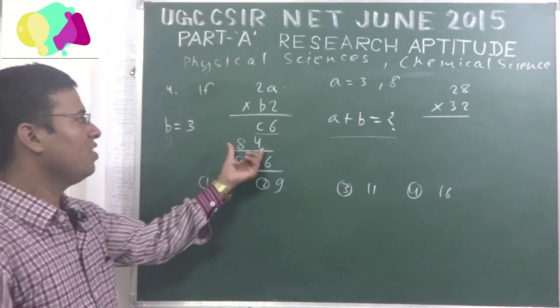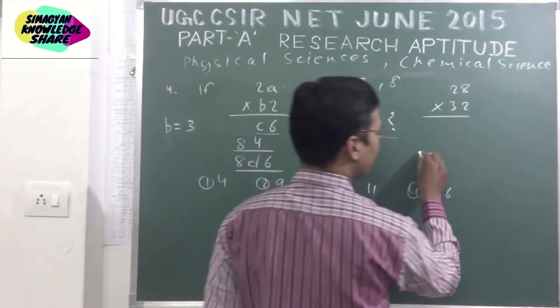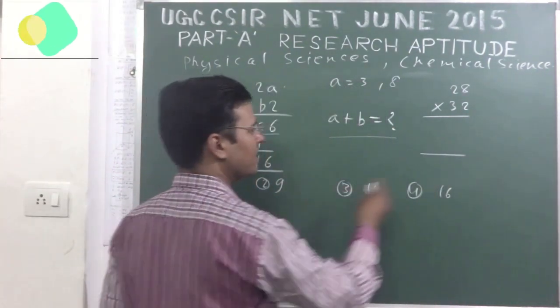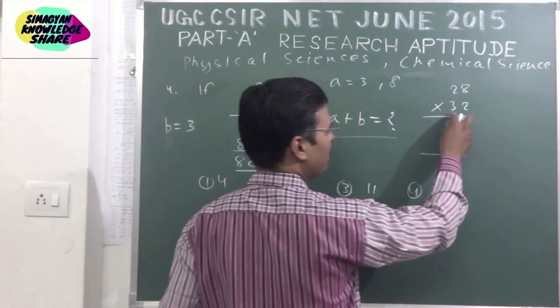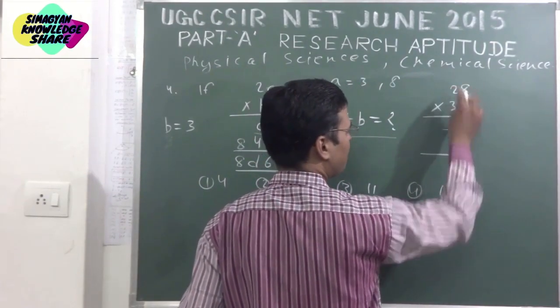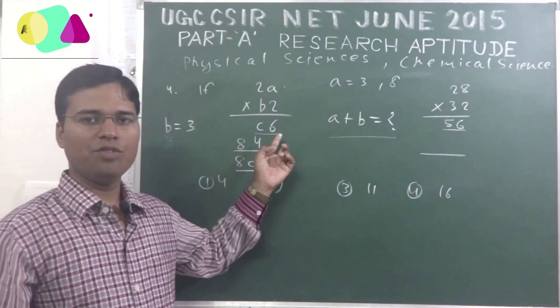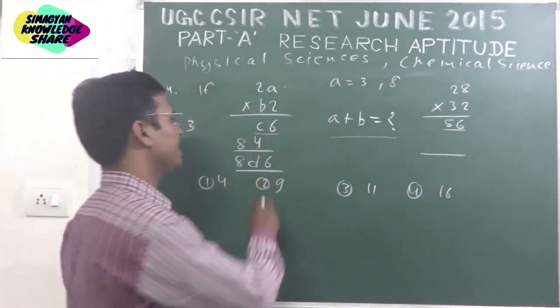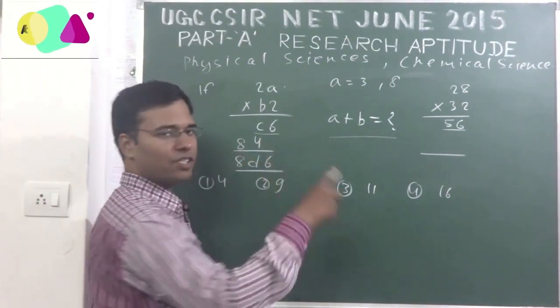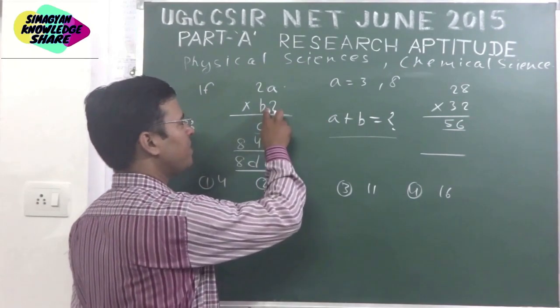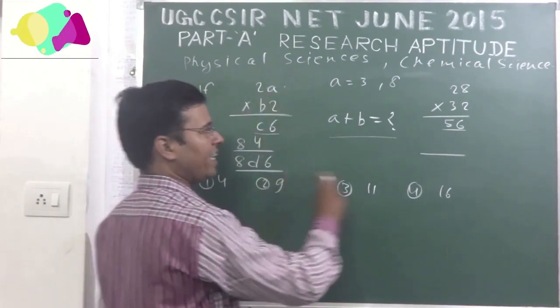Then check the second part of the multiplication. The first part of the multiplication is 56, so the c value may be 5 in this condition. The other part is b multiplied by 2a.